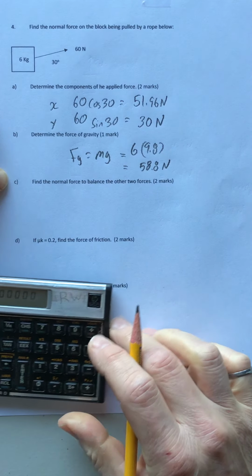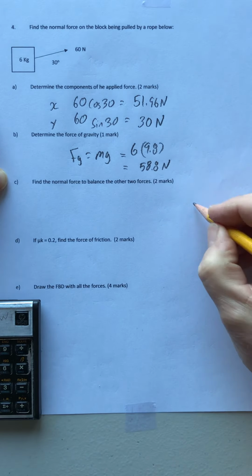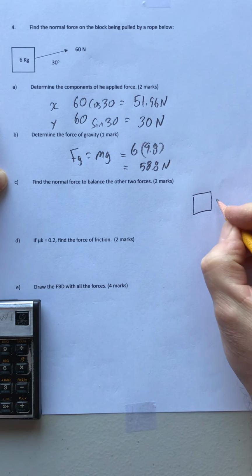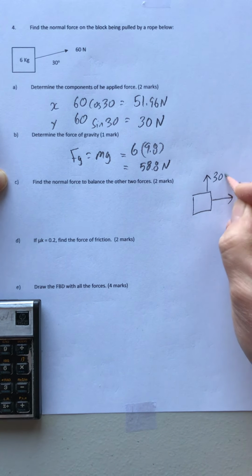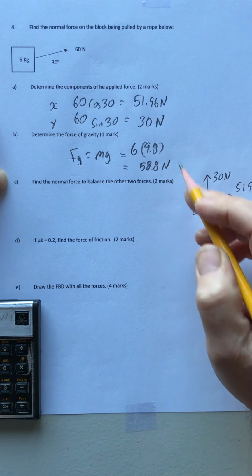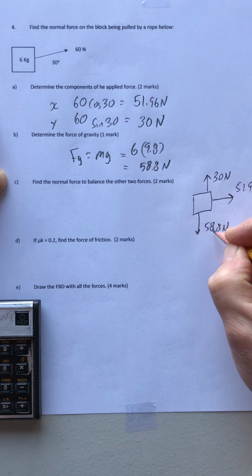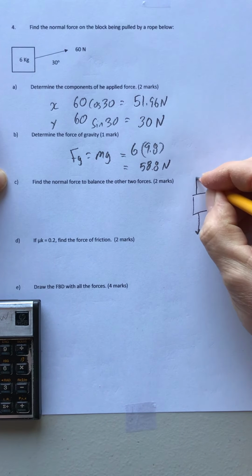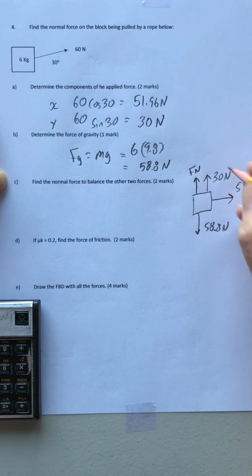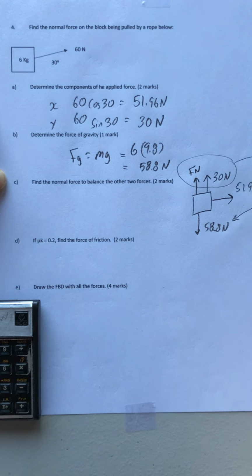Okay, find the normal force to balance the other two forces. So it's probably a good idea to draw this one out. Maybe I'll do it over here where there's a little more room. I have 51.96 newtons forward, 30 newtons up based on that one. Gravity's down at 58.8 newtons. This thing is not going up and down, so there needs to be a normal force such that these two add up to that one.